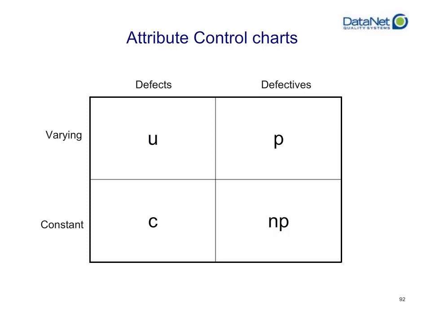To simplify calculations, or to make your charts more meaningful, you actually have to pick different valid chart types depending on whether your lot size changes over time or is always constant. If your lot size is varying and you're looking for defects, you need a U chart.